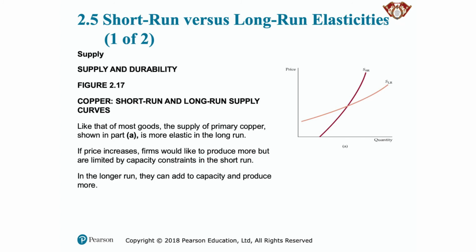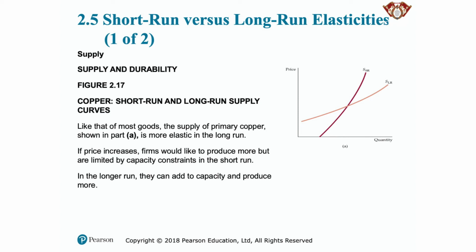Next slide. Short-run versus long-run elasticity. Supply, right? Supply and durability. Figure 2.17. Copper, short-run and long-run supply curves. Like that of most goods, the supply of primary copper shown in part A is more elastic in the long run. Long-run elasticity is larger than short-run elasticity in the supply of copper. Right?